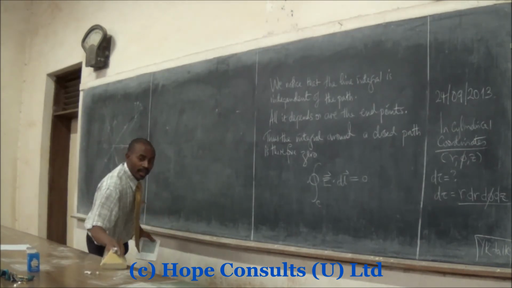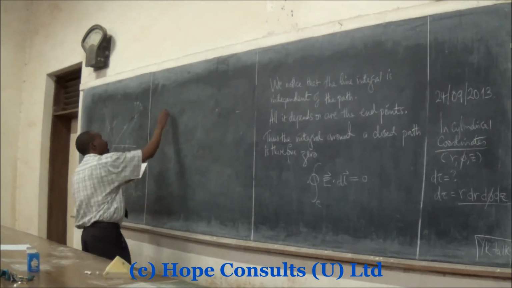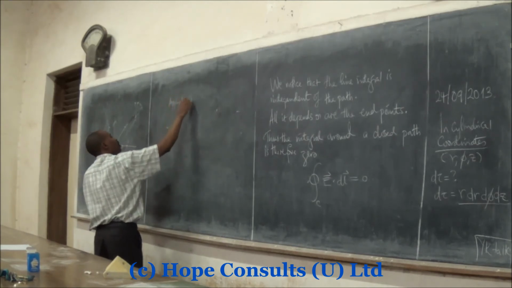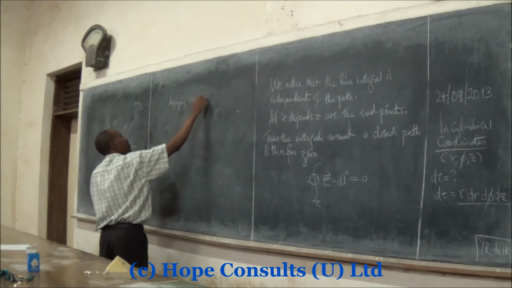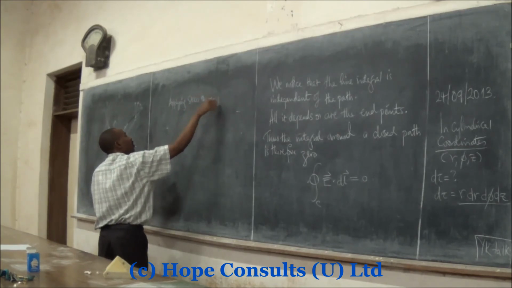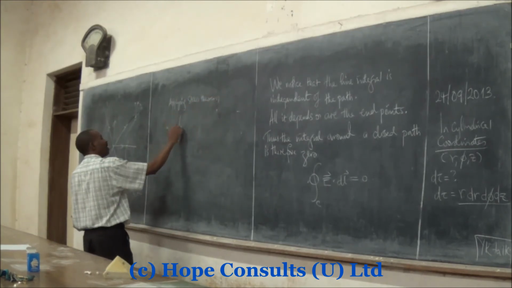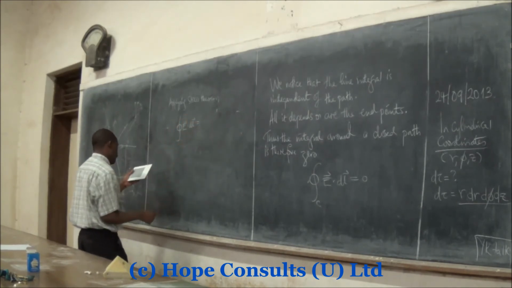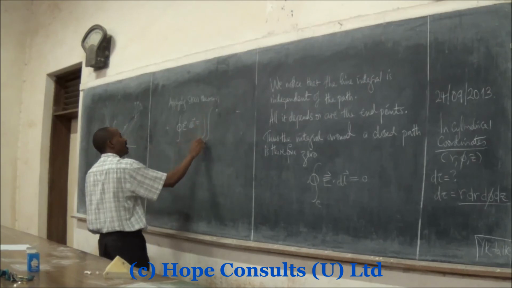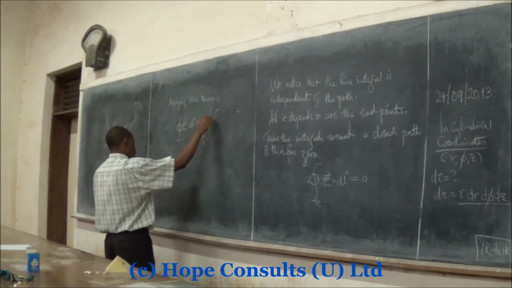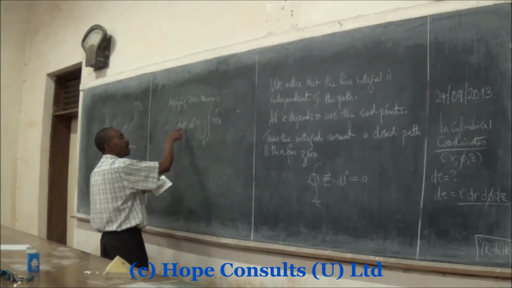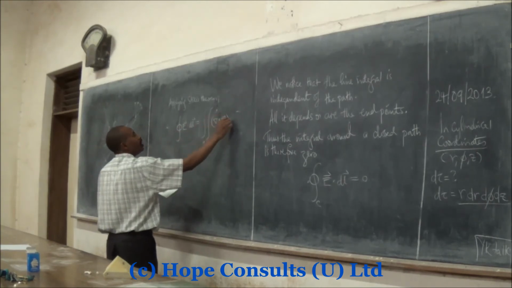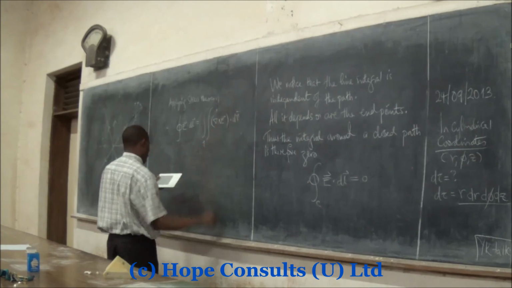So we get that, applying Stokes' theorem, we move from the line integral of E dot dL, we introduce the curl, which would be over surface S, and then we have the curl of E, we curl the vector, and then we introduce the surface.